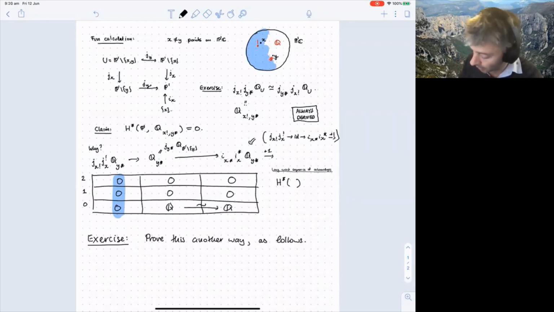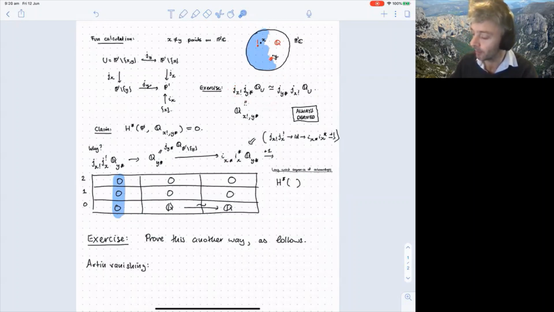So use Artin vanishing, which we will see later today, but is basically the fact that, so the really lovely thing about this is that, because of this isomorphism, I can either interpret this as taking cohomology of a perverse sheaf or as taking compactly supported cohomology of a perverse sheaf.